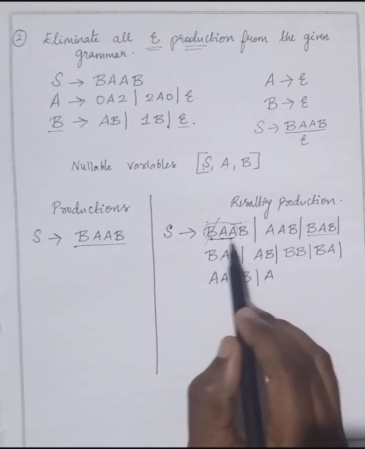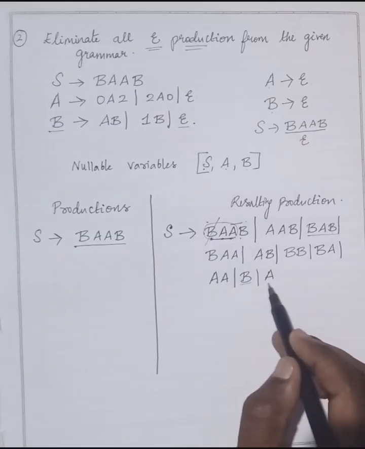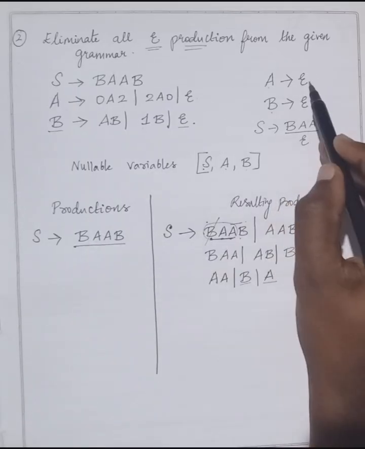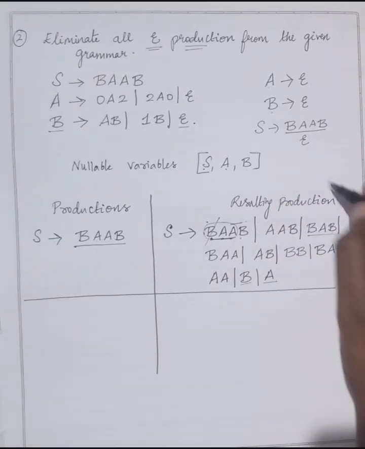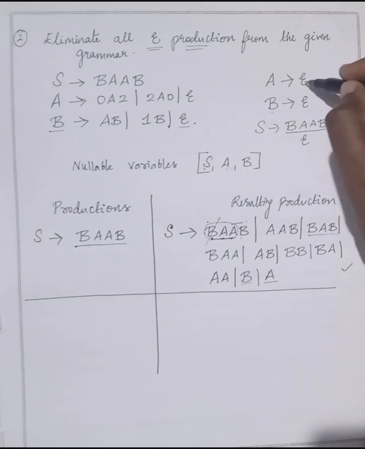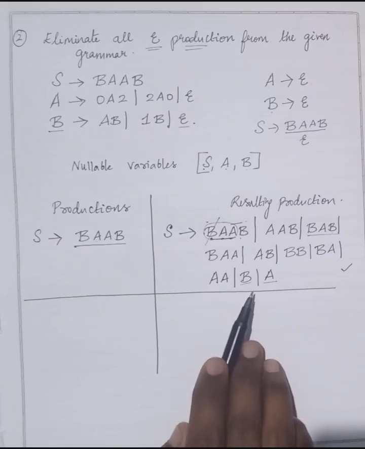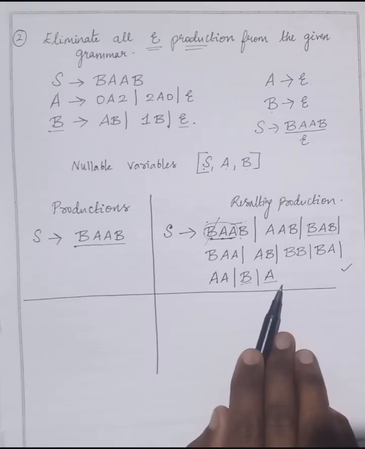Then we consider two variables and wrote the combinations. Then we consider three variables and wrote the combinations. So these are the combinations that we get by substituting the epsilon. Instead of writing epsilon, we wrote all the combinations that can be derived. Any one of the combinations is going to derive whenever we substitute epsilon.